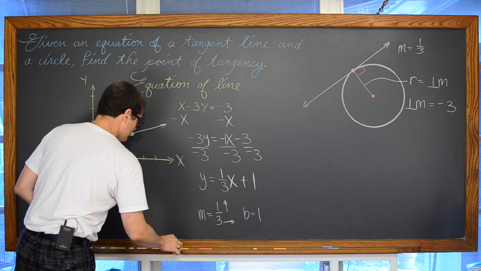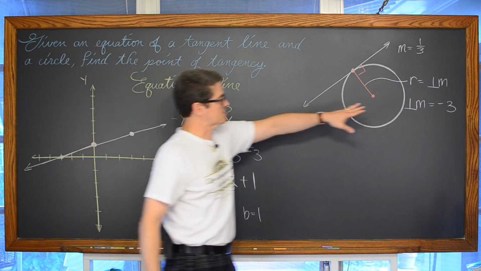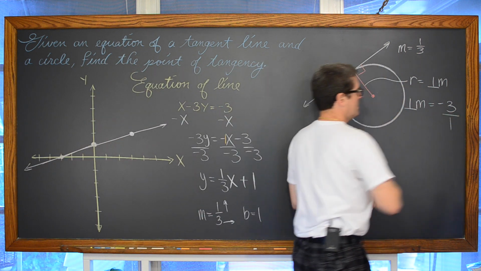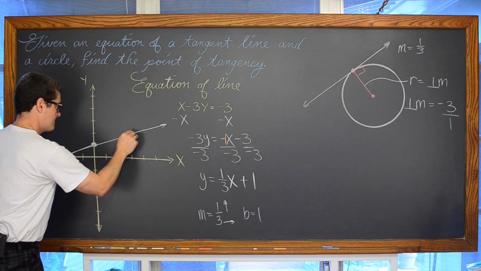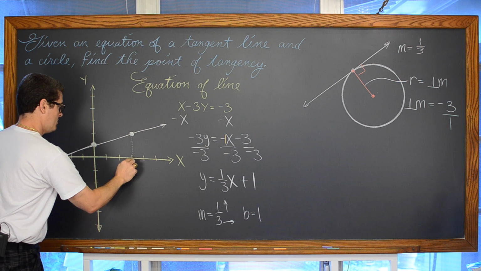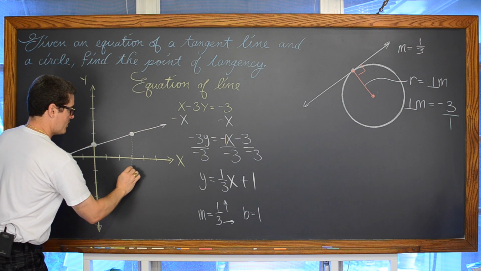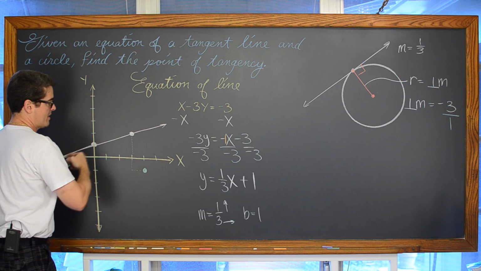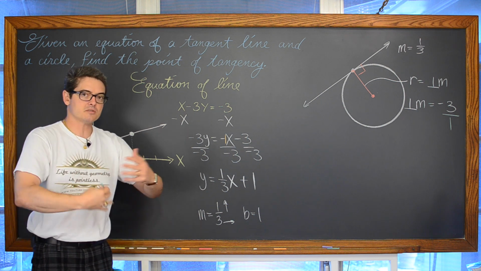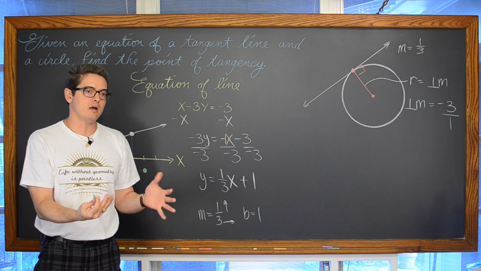So we're going to work out that perpendicular slope. Again, that relationship between the tangent line and the radius. We're going to go down 3. So down 1, 2, 3. And we're going to go over 1. And by the way, this is the second time I've reviewed with you in this lesson, setting up this example of how to graph a line.